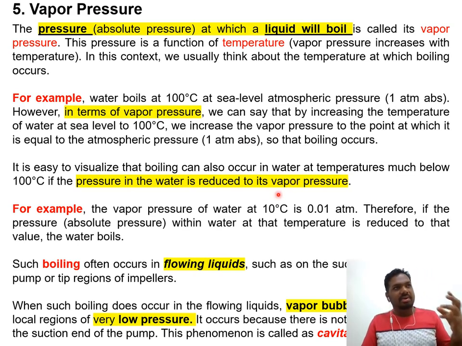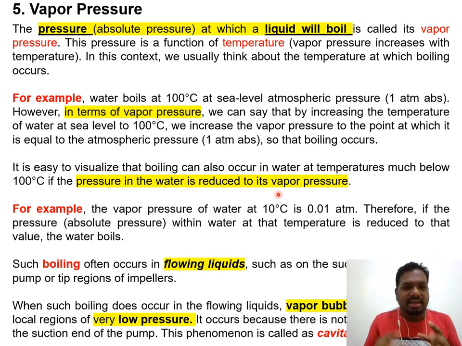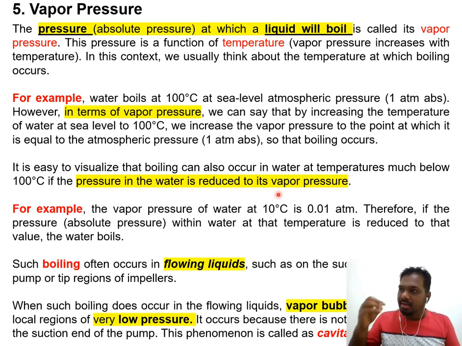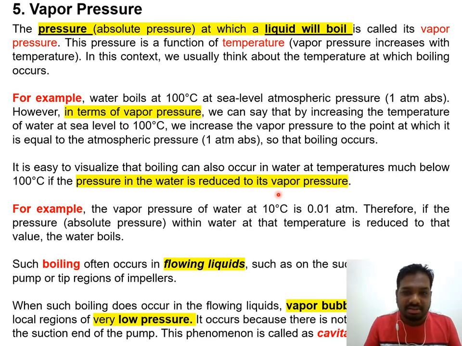Maybe from a science point of view, we always explain that water will boil at 100 degrees Celsius, but that is actually something very weak, I won't say it is very true. Why? Because that is actually related to the pressure, not only the temperature.